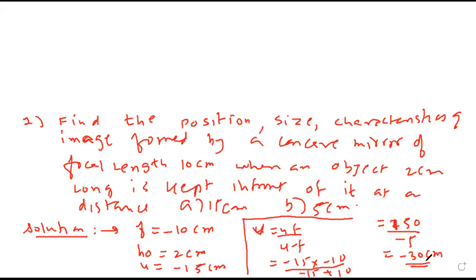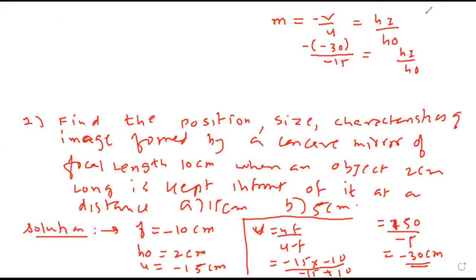So now can you tell me the position of image? At 30 centimeter on the same side. Yes, sir. Okay. Then we have to find the nature. Now linear magnification is minus v upon u, which is height of image upon height of object. So minus of minus 30 upon minus 15 equals height of image upon height of object.